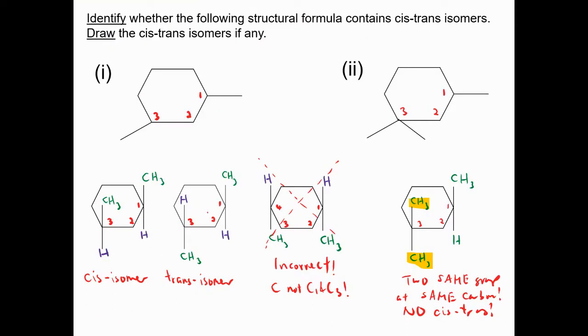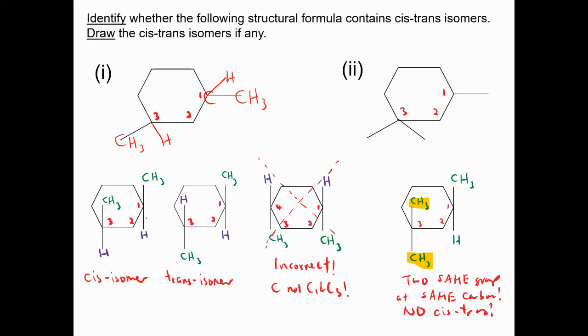Now let's look at the cyclic one. If this is a skeletal structure, we know that at the end it must be CH3 here. To identify whether there is any cis-trans or not, remember carbon must have 4 bonds: 1, 2, 3, 4. 1, 2, 3, 4.